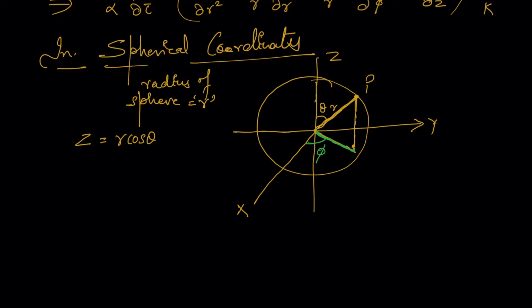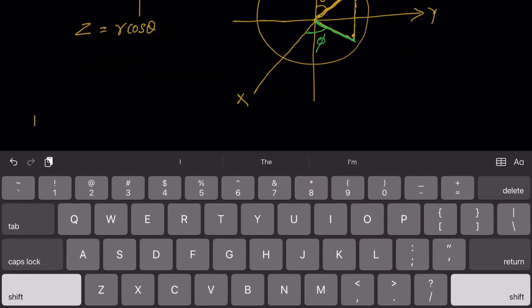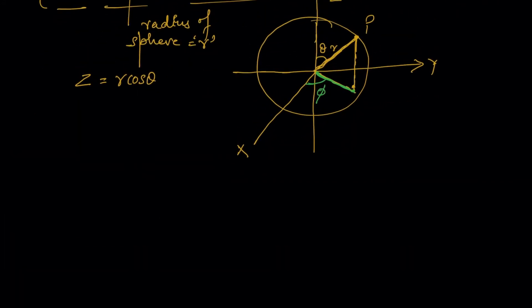So you can take components here. If you take components of this r sin theta, that will be your x. So x will be r sin theta cos phi, right?